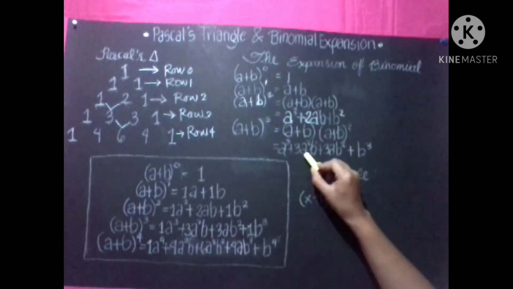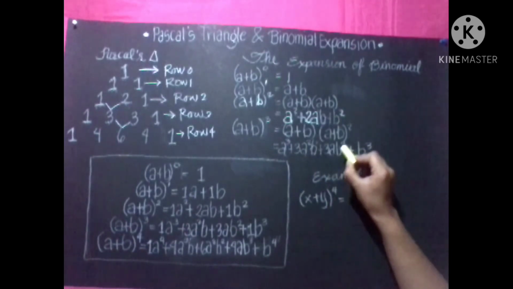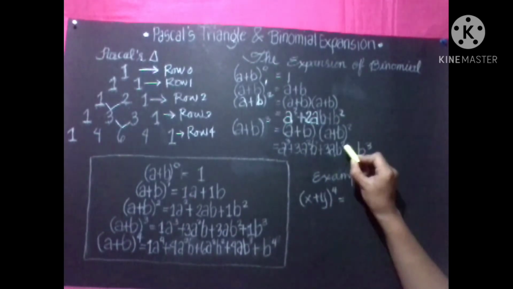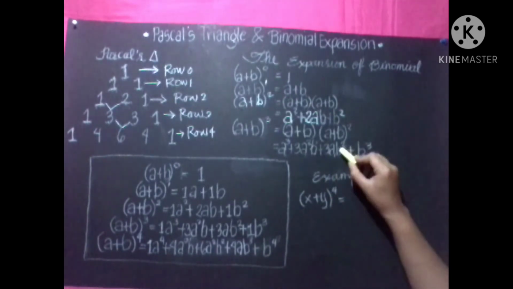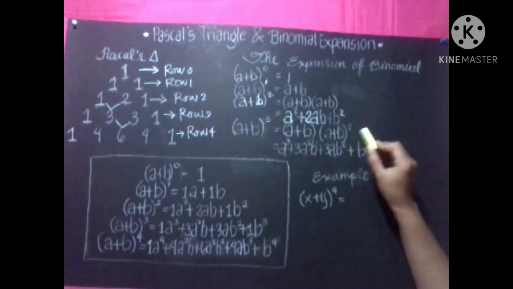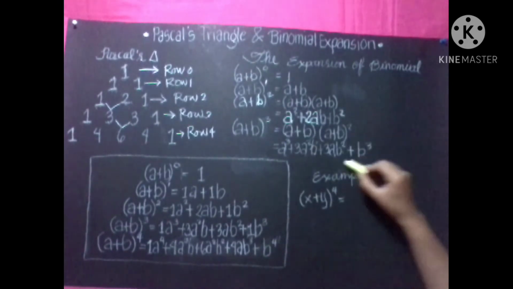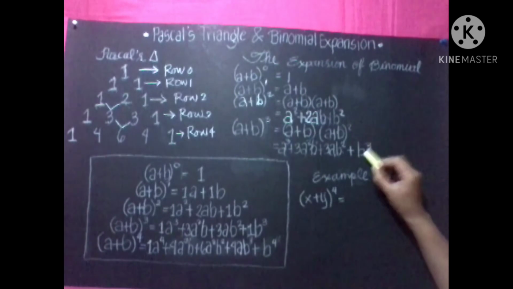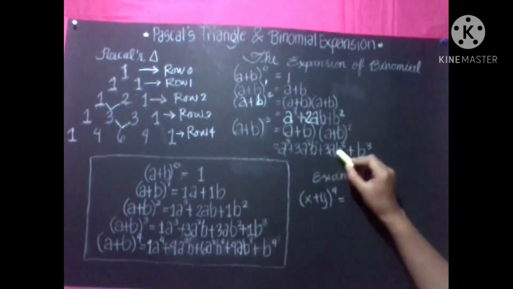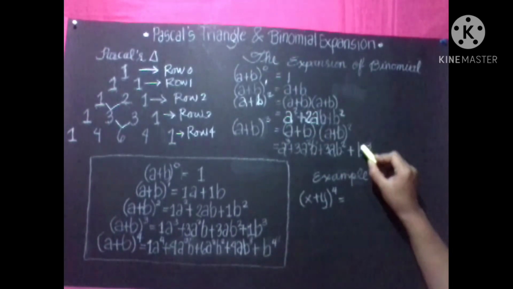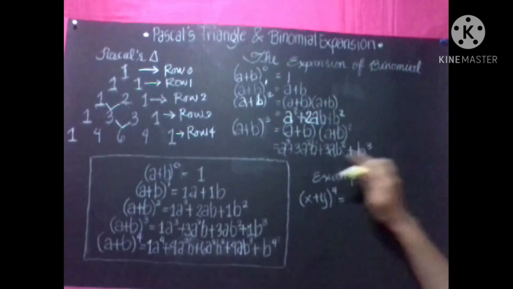Again a squared goes down, and b to the 1 makes b squared, so it goes up. Then a is eliminated, so b cubed, and b goes up.